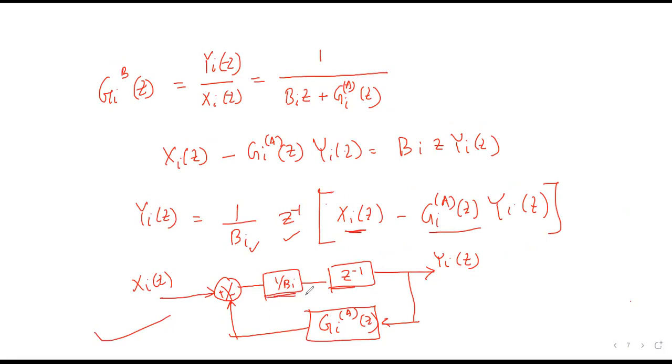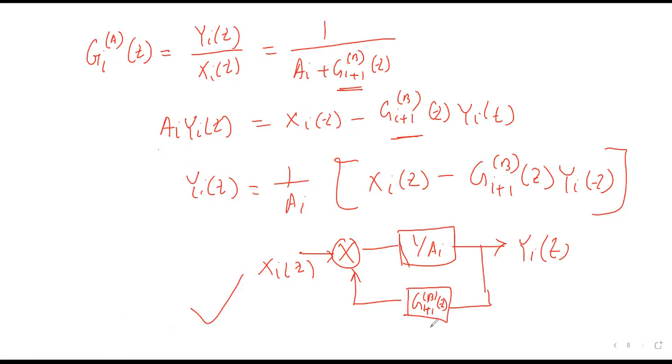So in the B function, as you can see, gain is multiplied with a delay, and in the A function, only a gain is multiplied, then the next function is going there. Okay, so let's see how we can represent that. So we already figured out this. The GZ is A0 plus 1 by B1Z plus 1 by A1 plus 1 by B2Z plus 1 by A2.